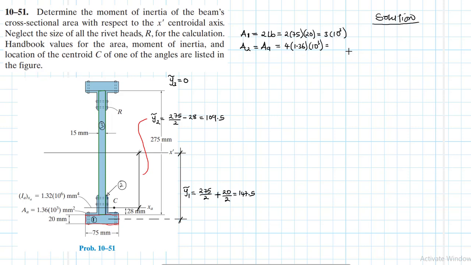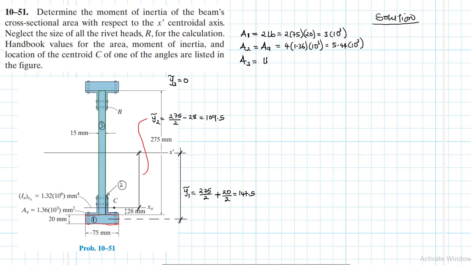That's 1.36 times 4, which gives us 5.44 times 10 to the power 3. Then area 3, it is the web.